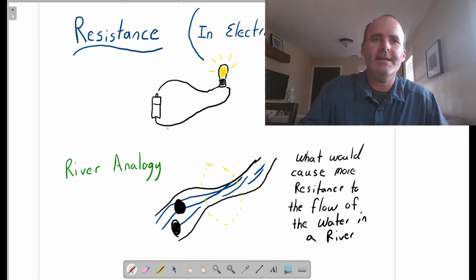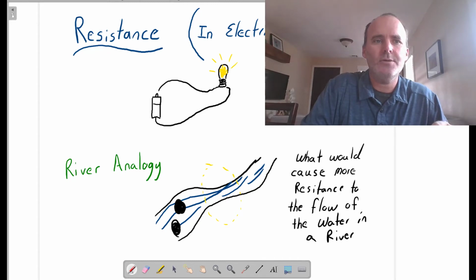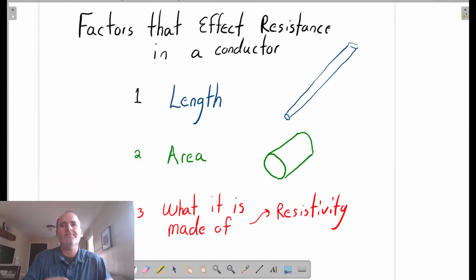Okay, let's take that and put those factors in terms of a wire. We just said the length of the river. So if you have a really long wire, you're going to have more resistance than if you had a really short wire, right?